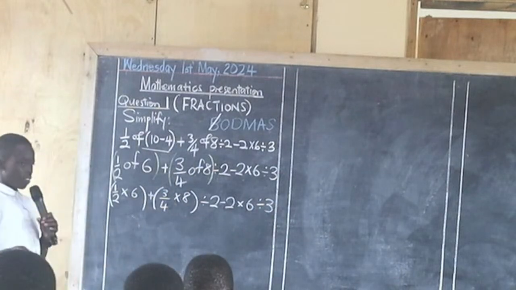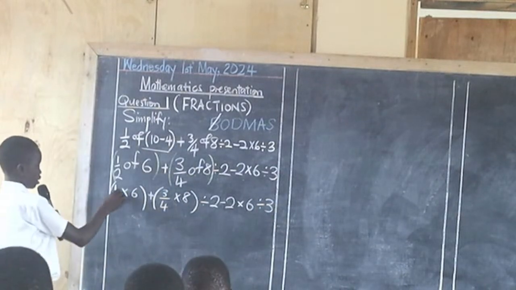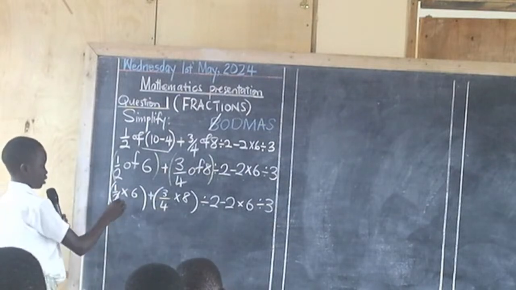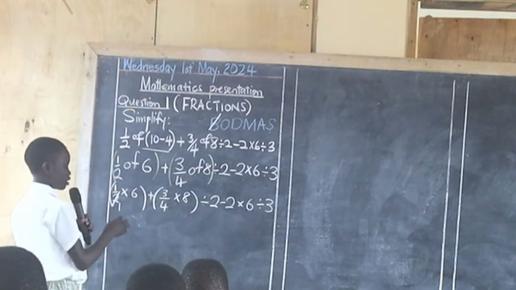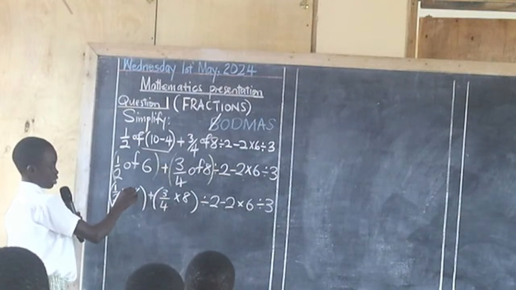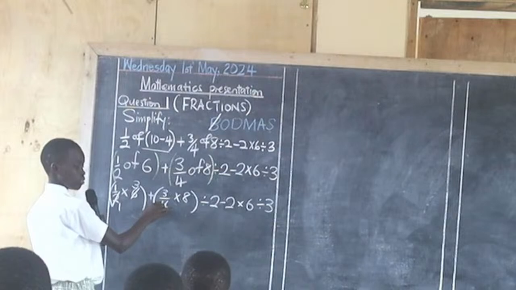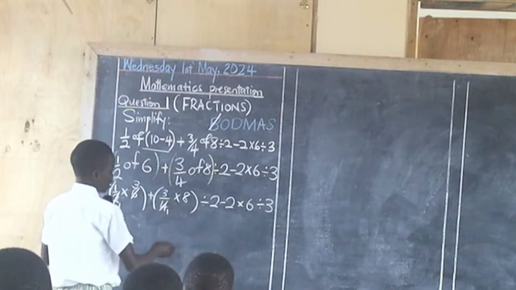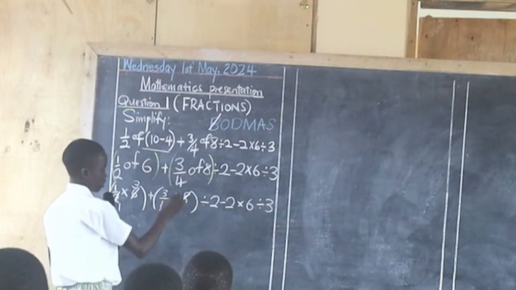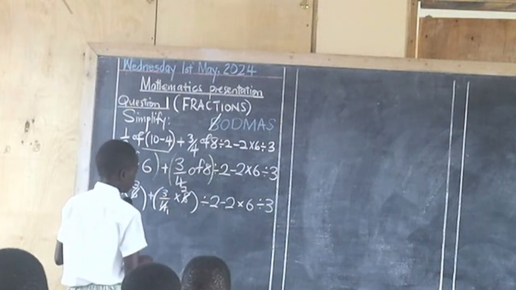Now we are going to simplify our brackets again. 2 divided by 2, we get 1. 6 divided by 2, 3. Now 4 divided by 4, 1. 8 divided by 4, 2. So we are done there.